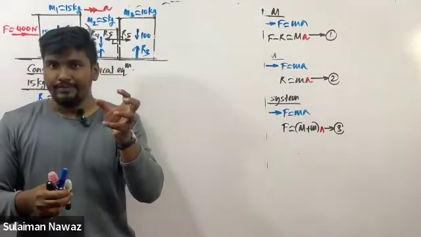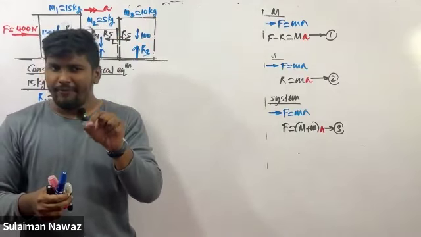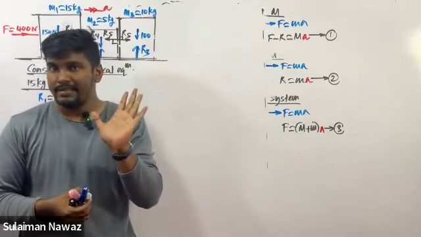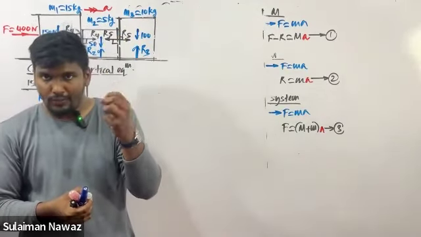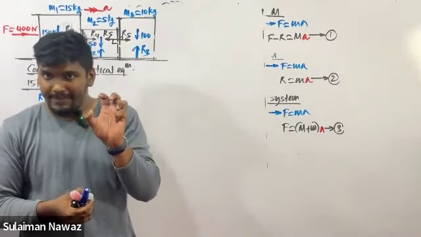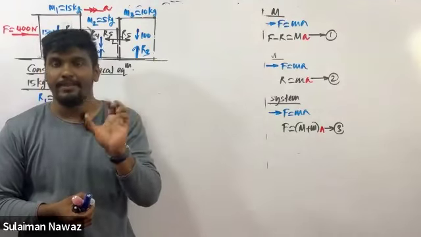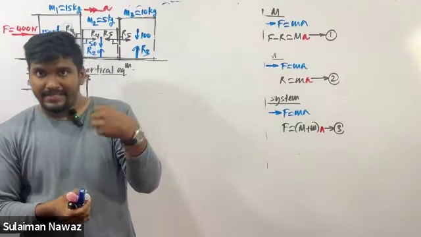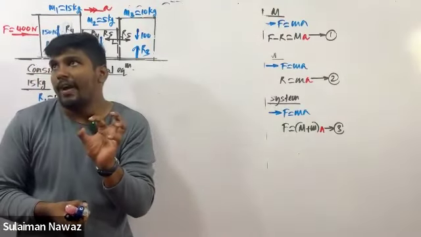I'll ask a question: what is the best mass to find R5 quickly?